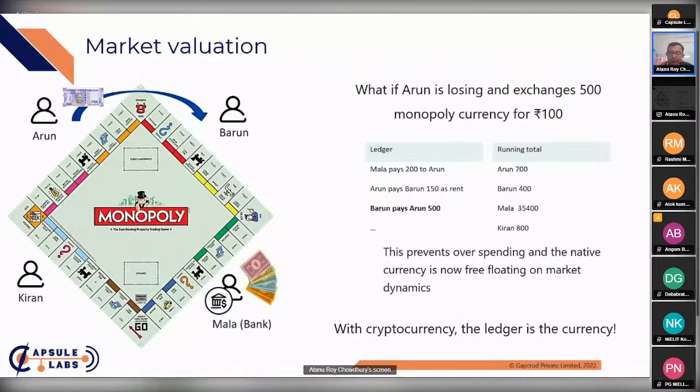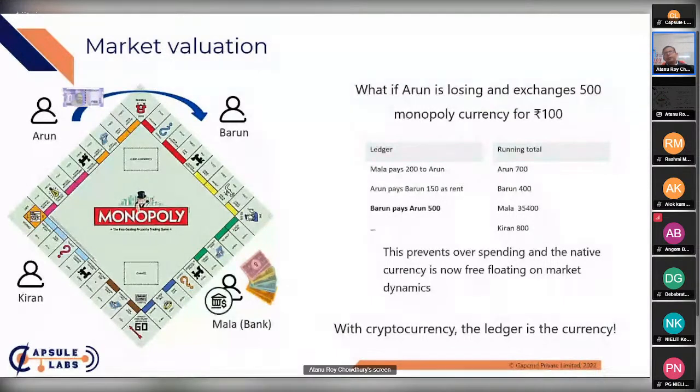Just like today you can buy a lot of online likes, and you can buy game currencies using real currency, right? So there is some kind of an exchange that can be set up, and this exchange can be free floating. It really boils down to the demand that is there, right?